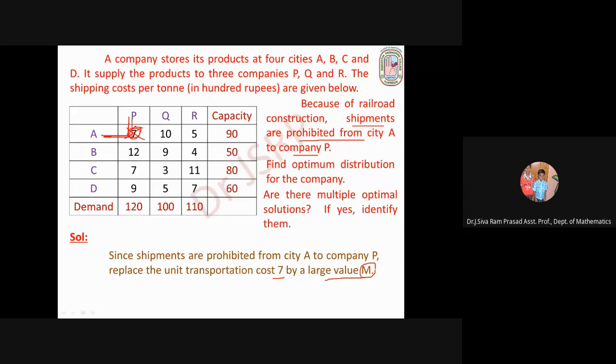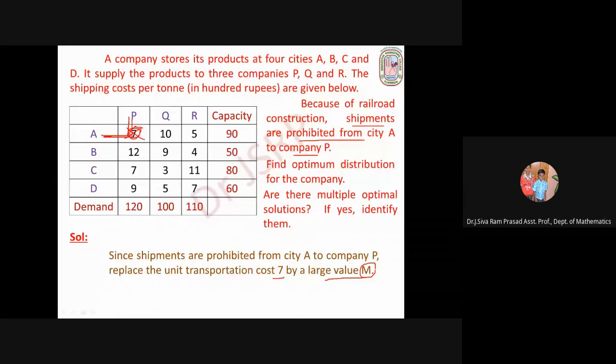Okay. So in case of prohibited shipments, even though the cost is given, you are not supposed to take that cost. So you have to take a large cost, that is capital M, for that prohibited shipment. Okay.